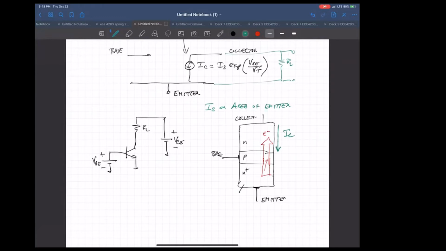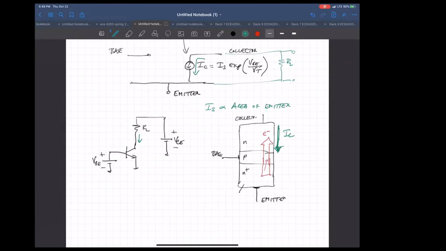Although the electrons are moving from the emitter to the base to the collector, a positive current is going in the opposite direction, just a convention of sign. So the current would be going this way when we draw it as a current. Does that make sense? Yes.